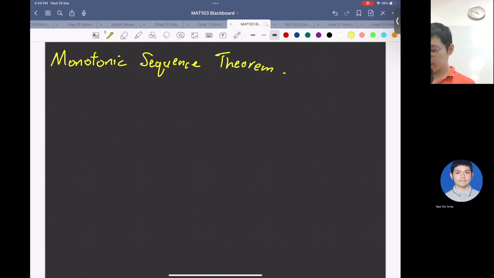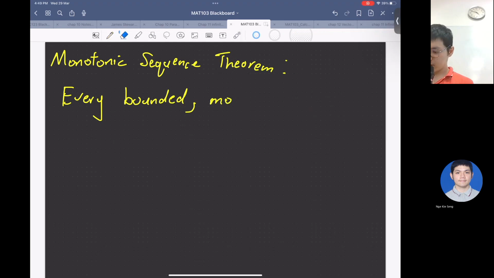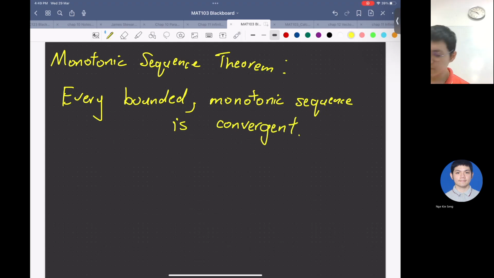The monotonic sequence theorem says that every bounded monotonic sequence is convergent.